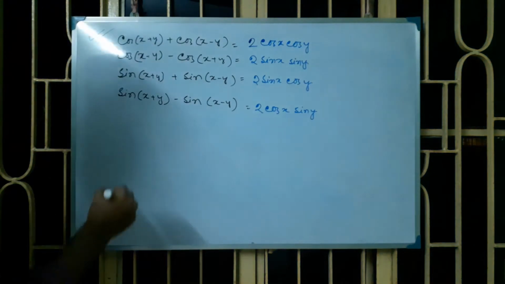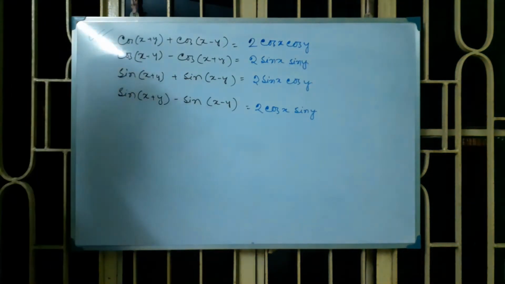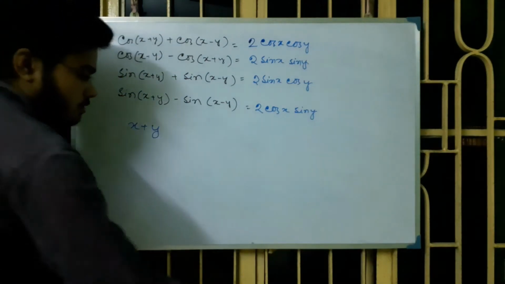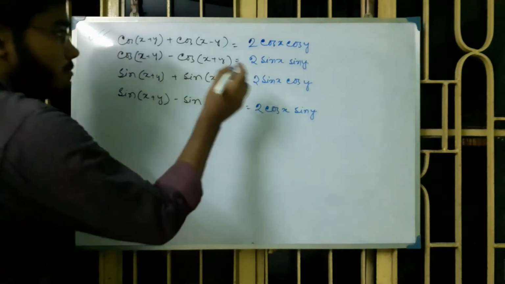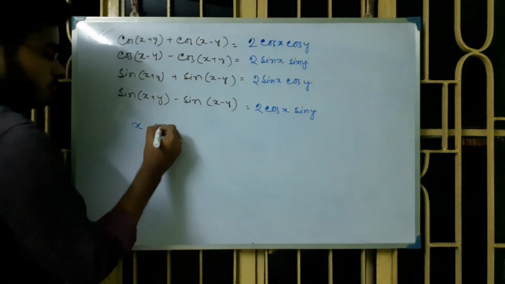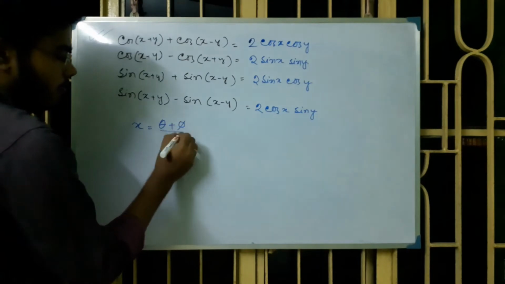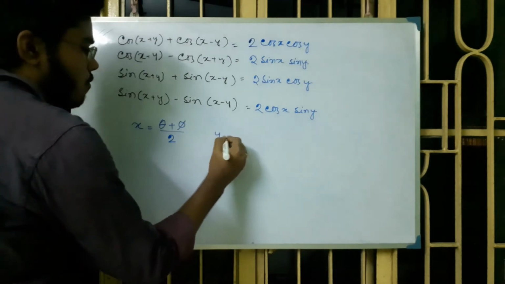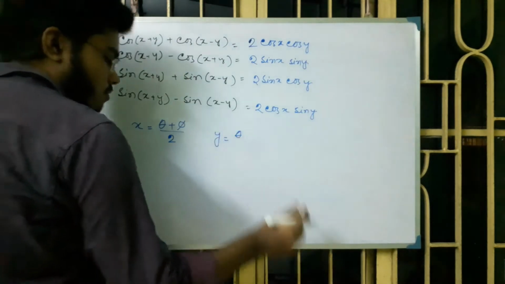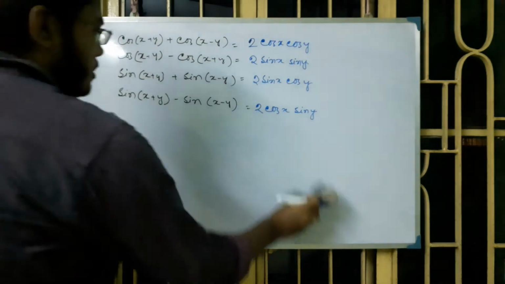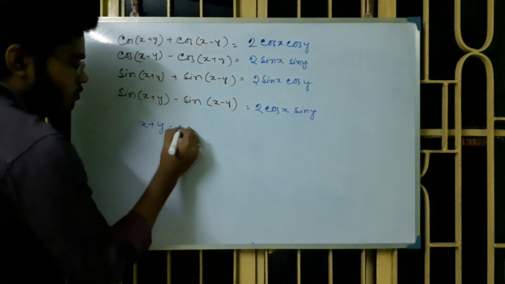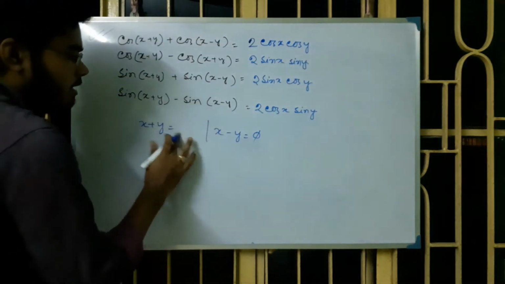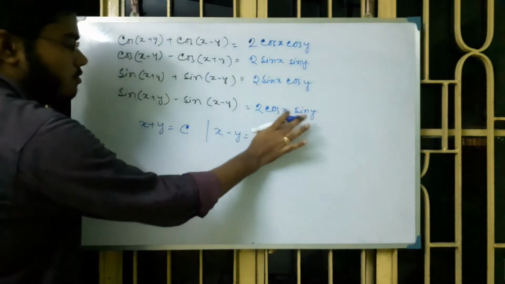Now let's substitute. You can substitute x plus y equal to theta and x minus y equal to phi, or you can take this equal to c and this equal to d.